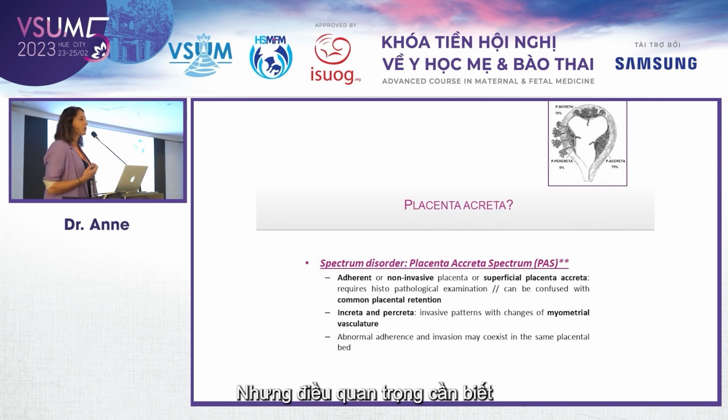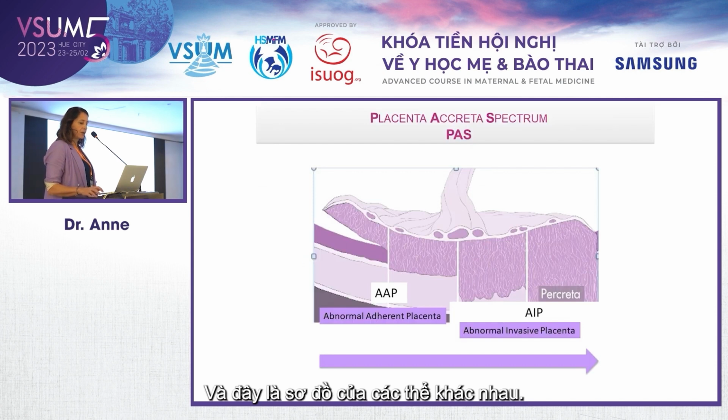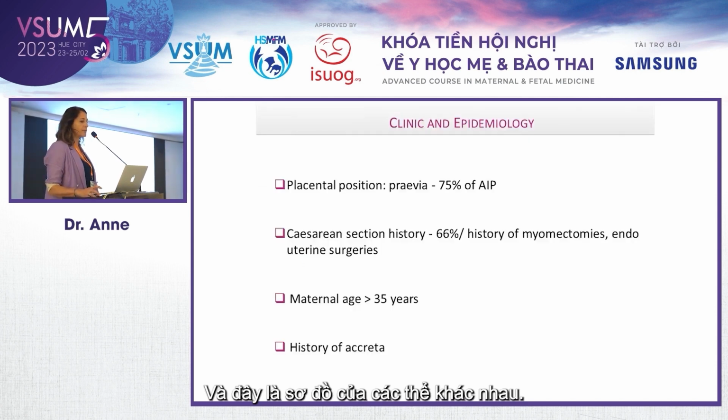But what is important to know is that abnormal adherence and invasion may coexist in the same placental bed. So here again is the diagram of all those different forms.